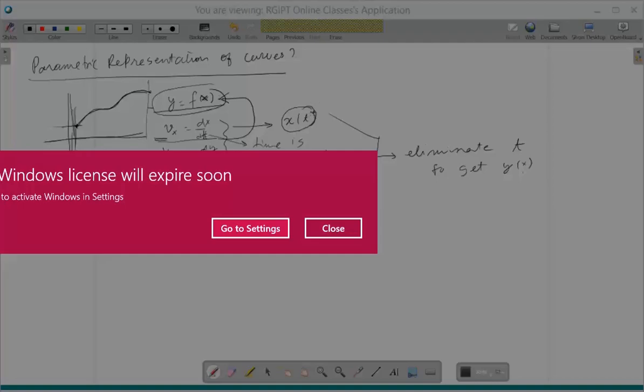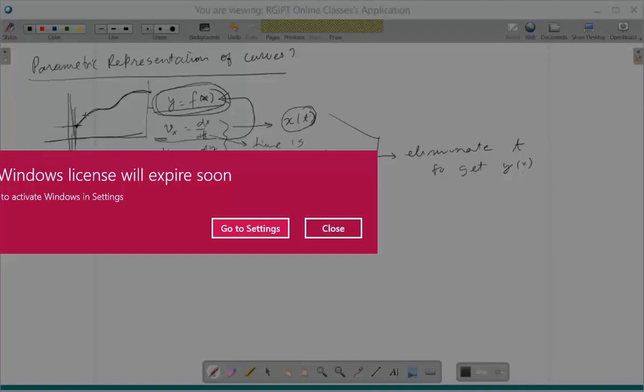So when you give x as a function of t and y as a function of t, rather than giving a direct expression for the curve, you are actually giving a parametric representation of this curve. Here I have chosen the parameter to be t, but that need not be the case.